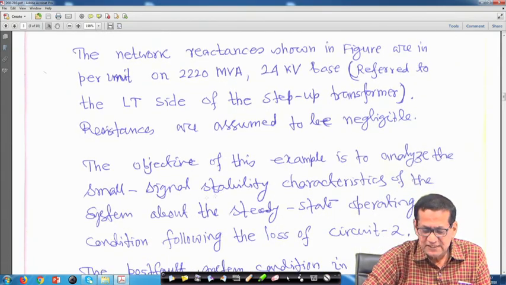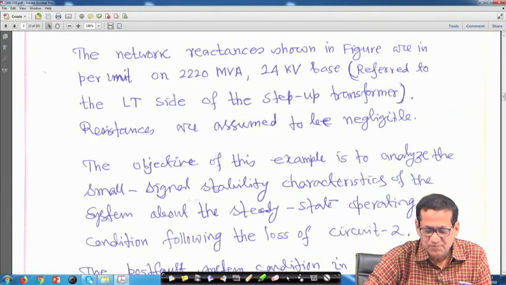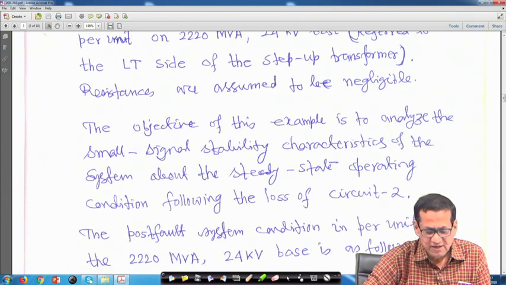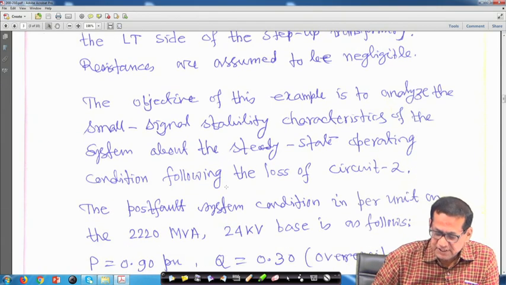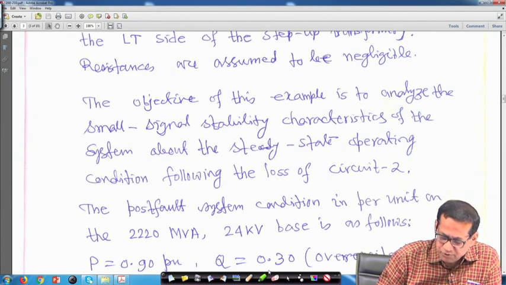The objective of this example is to analyze the small signal stability characteristic of the system about the steady state operating condition following the loss of circuit 2.